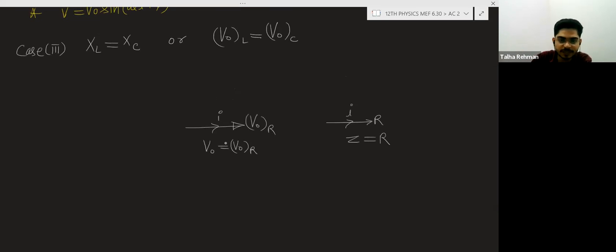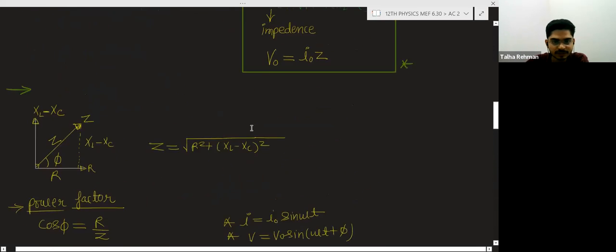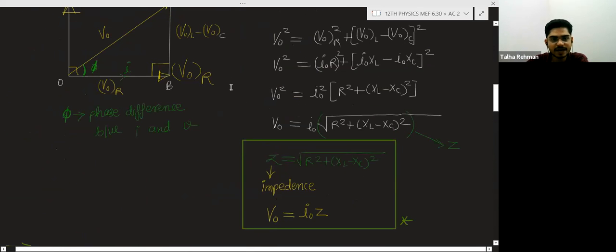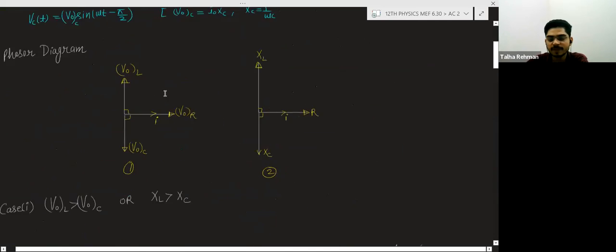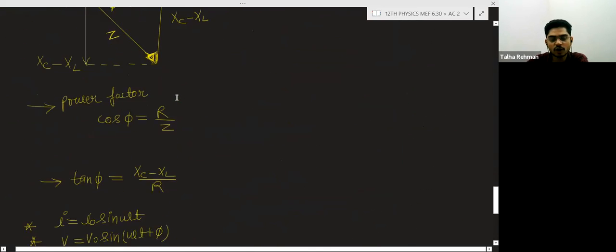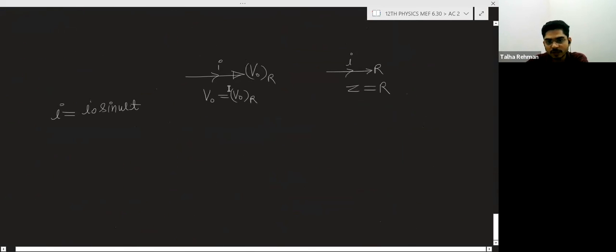So what will be the equation of the current here? The equation of the current in this case will be I is equal to I naught sine omega t. The equation of the current is the same because initially I assumed the current I is equal to I naught sine omega t. Now the equation of the voltage. How will we write the equation of the resultant voltage?